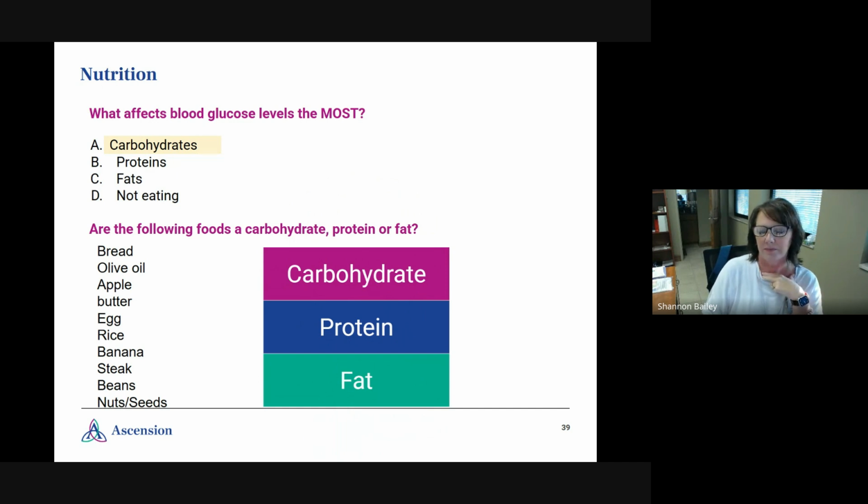Eggs. Yep. You guys are good at this. Protein for eggs. What about rice and bananas? Carbs. You're right. And steak. Carbohydrate, protein, or fat? Protein. You're right. Beans. So black beans, navy beans, any kind of beans.